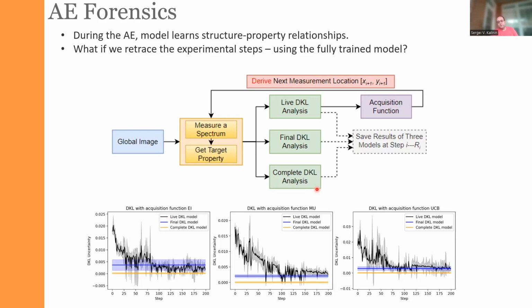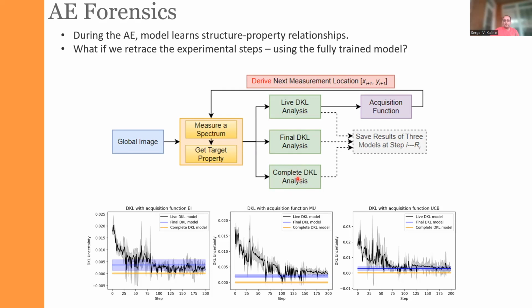The final model would be trained on all the data obtained during the experiment. Let's say if we have 200 experimental steps, the final model would be trained on 200 data points. And the important thing is that the experimental trace on which we train the final model depends on the policies, and in general, it would be different. The complete DKL model would be trained on the 10,000 patch spectrum pairs, so it is available in full, no surprises here.